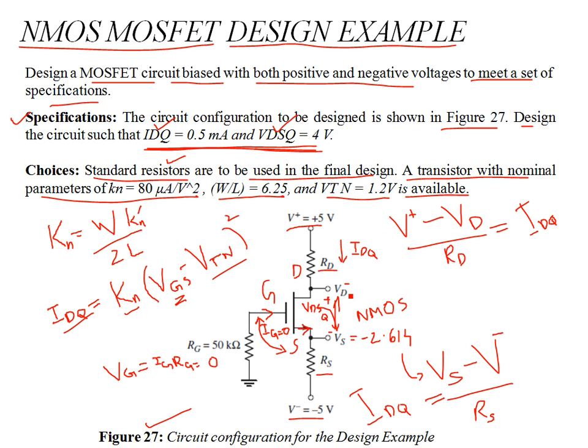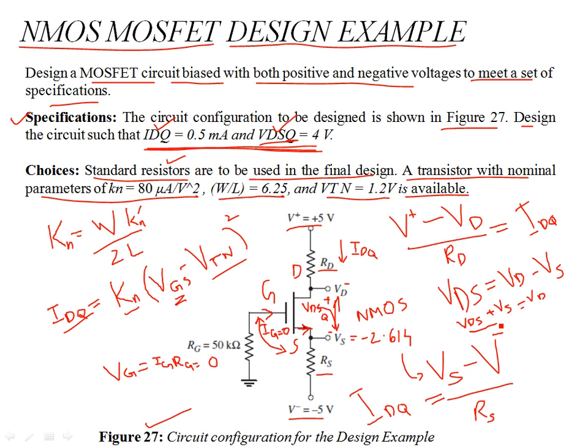Just like we evaluated this for VS, VD can be found from VDS. You have VDS with you. So what is VDS? VDS is VD minus VS, or VDS plus VS gives you VD.